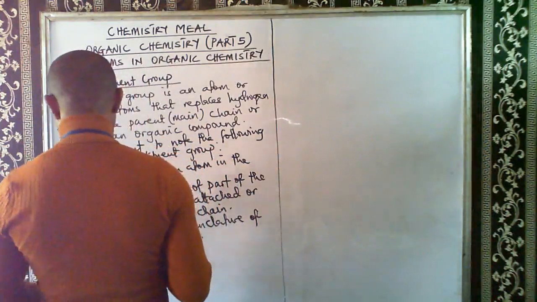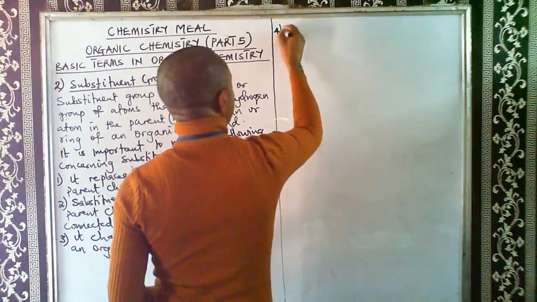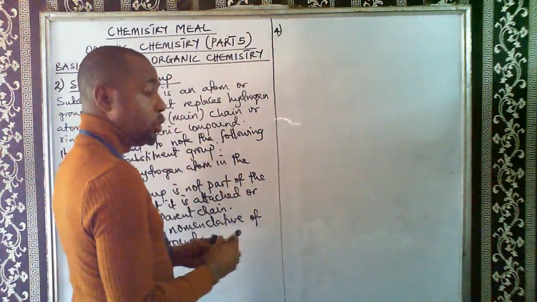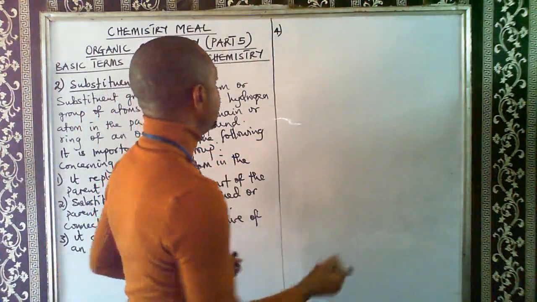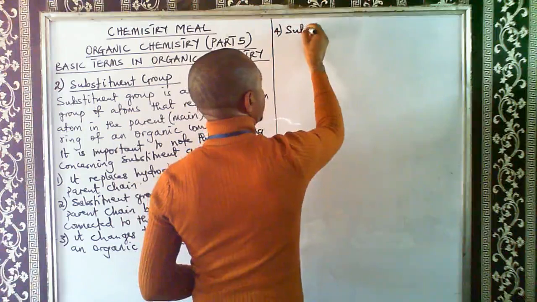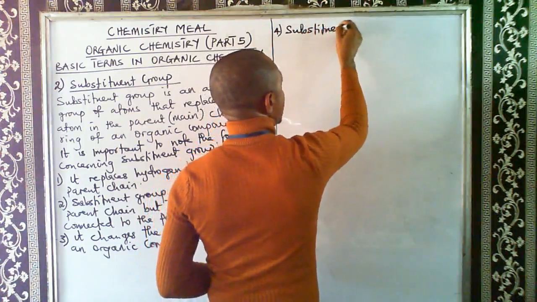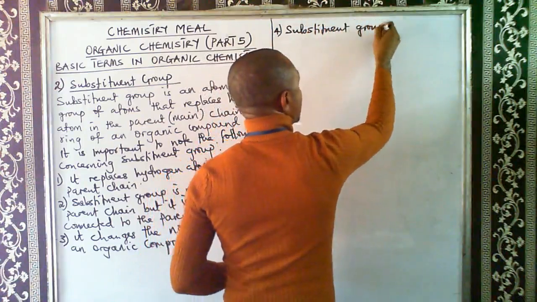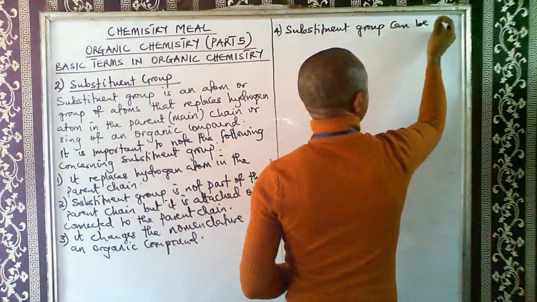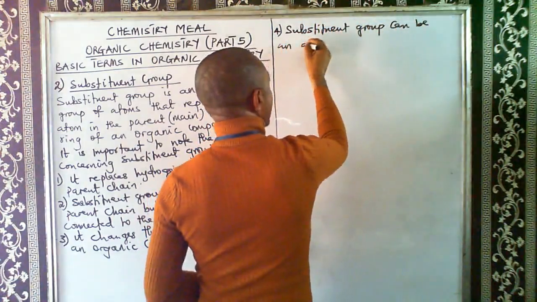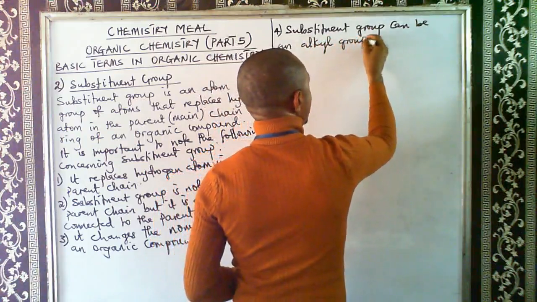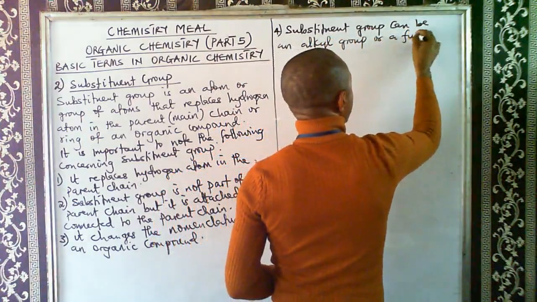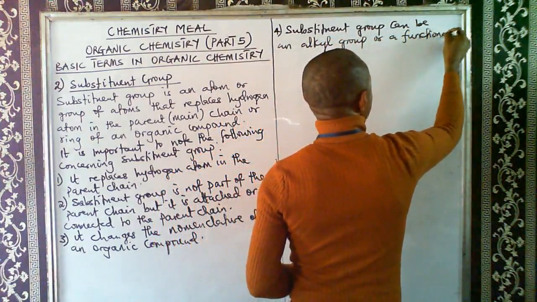Now, the last one, number 4, which will lead us to other basic terms in organic chemistry. Substituent group can be an alkyl group or a functional group.